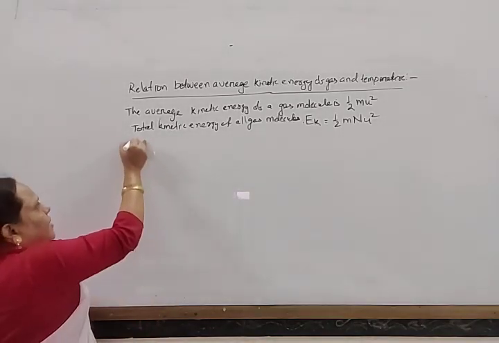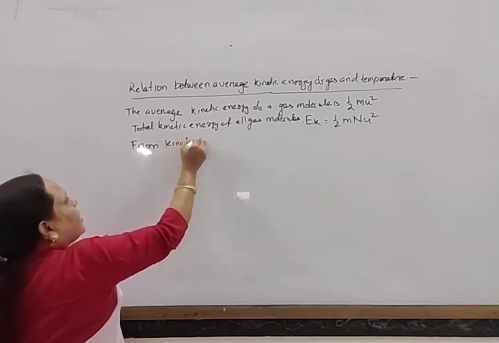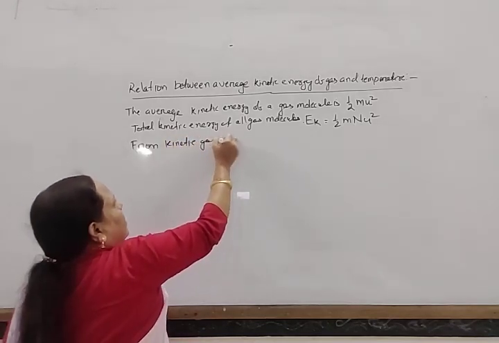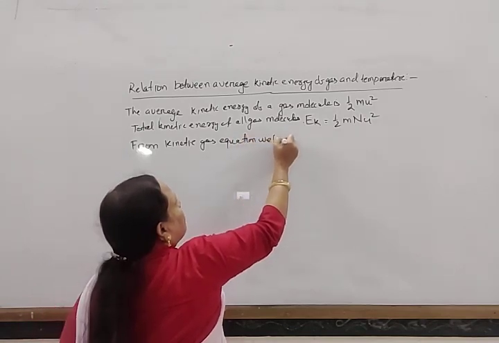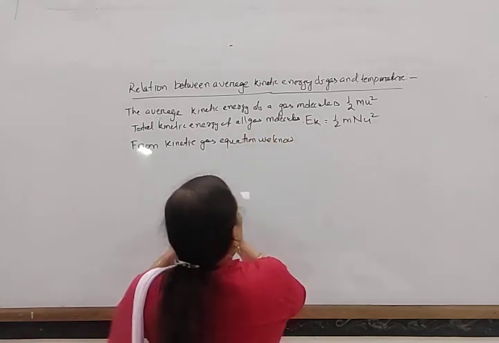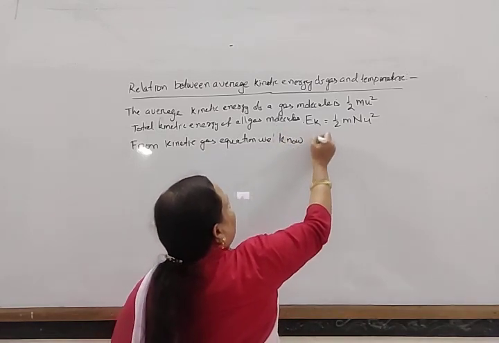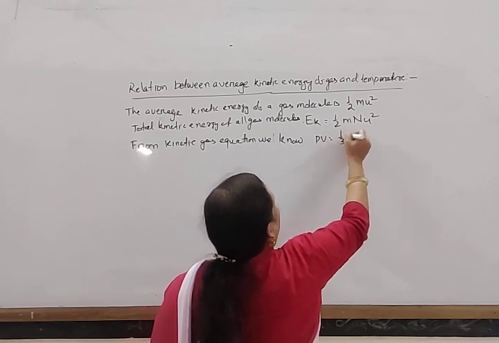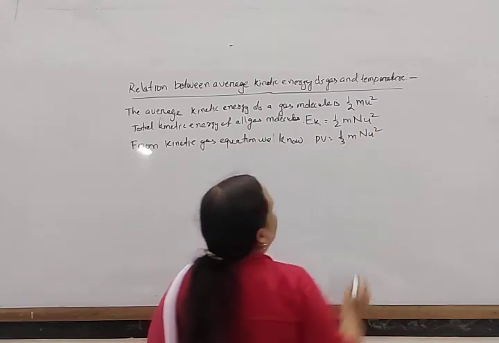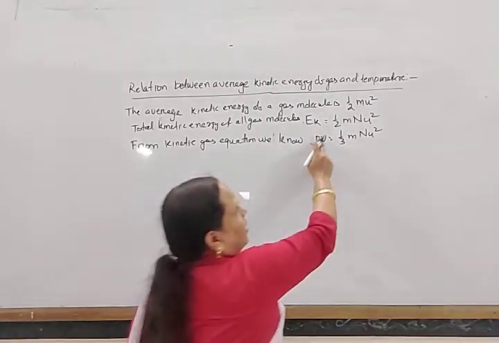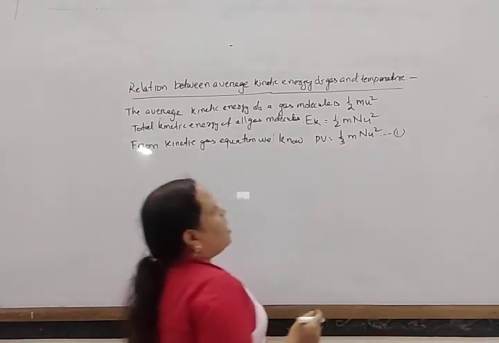From the kinetic gas equation we know PV equal to 1 by 3 m N u square. So Ek equal to half m N u square, and PV equal to 1 by 3 m N u square, call it equation 1.